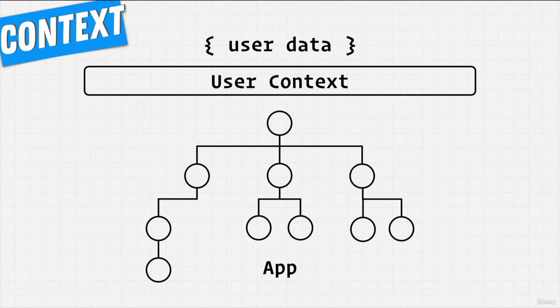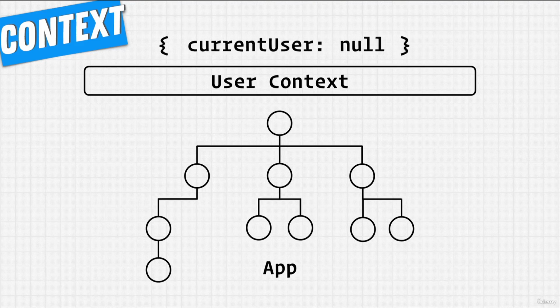Now, of course, this user data, as we know, can be pretty much whatever we want to set it to. But in our particular case, with our own user context, it's really just a current user value. It's either going to hold null or it's going to hold an object. But the main thing to remember is that user context lives outside of the application in the sense that it's at the parent level, so that we can say, I have some component down inside my application.